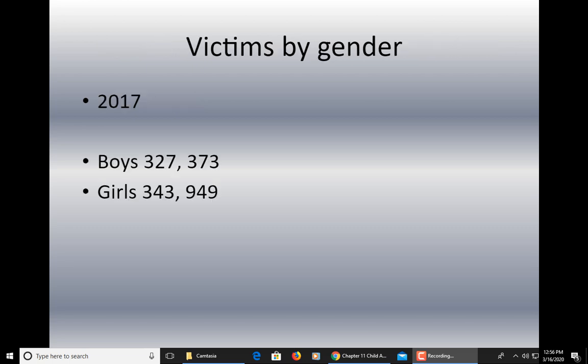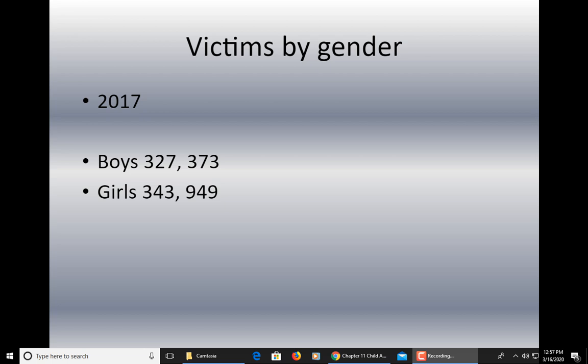Now here's the latest statistics I got from the Department of Health and Human Services. Now remember what I said now. It's the Department of Health and Human Services that is the major resource for collecting statistical data on child maltreatment. Now, they're always a couple of years lagging behind, so the latest information is what I'm providing to you. In 2017, you can see this here, based in the United States, there were 327,000 plus cases of child abuse against boys and about 343,000 against girls.